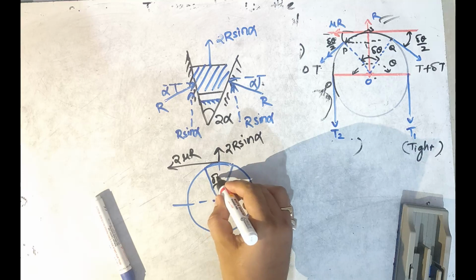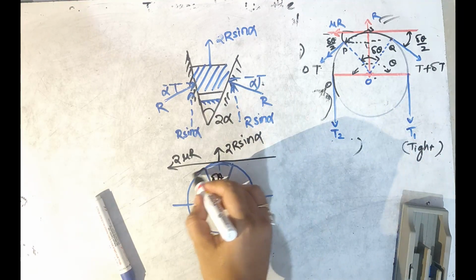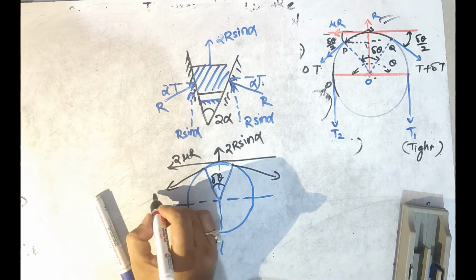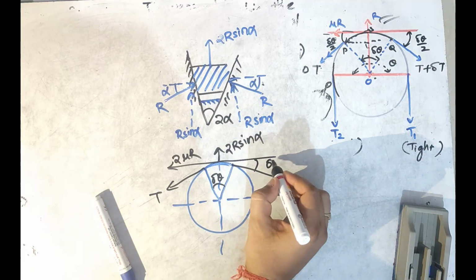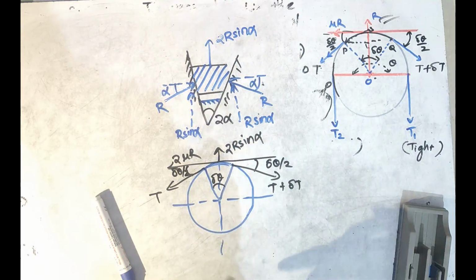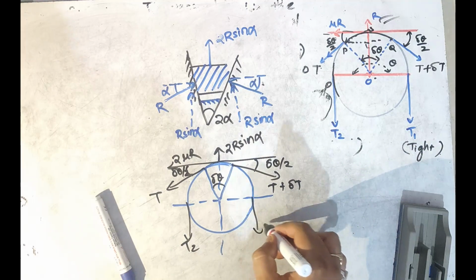So if this is del theta, similarly you can derive for this one also. This is T, this is T plus del T, this is del theta by 2, this is also del theta by 2, and a similar process we can follow. So this is your T2, this is your T1.